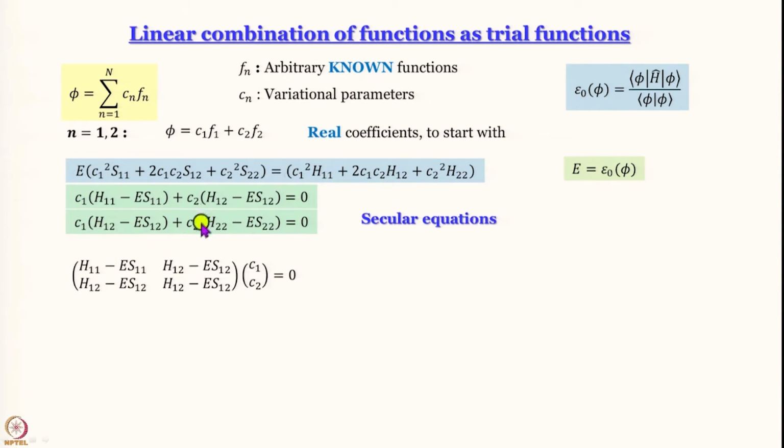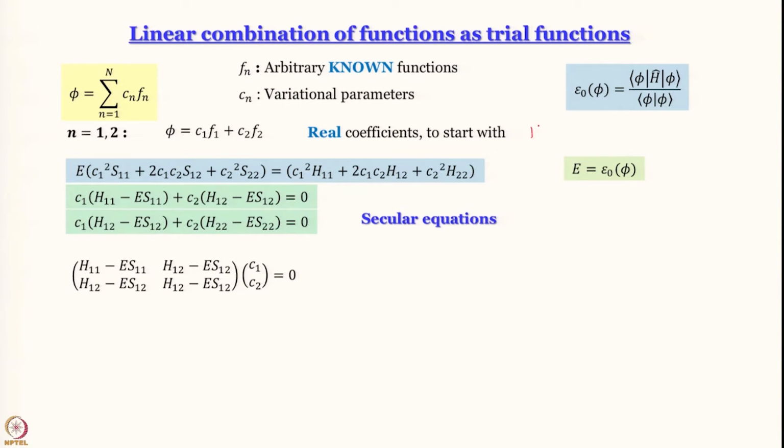So, what we have shown is that for this system we have been able to construct the secular equations for the two variational parameters, the two coefficients, and we have written these equations in terms of H11, S11, H12, S12, S22, H22. These are essentially integrals. What integrals are these? I should have written here, sorry for having forgotten.